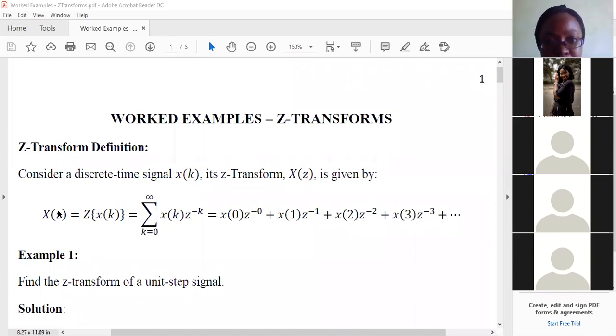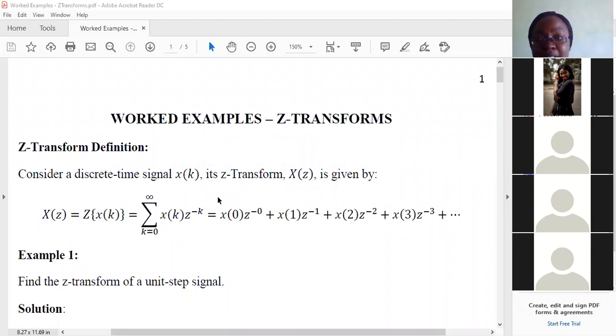For Z transform, you are converting from the discrete time domain into the Z domain. And when we started, I told you the reason why we are doing that. The reason is that when we are in the Z domain, it's much easier to manipulate the signal than when we are just in the time domain. So we want to be able to convert the signal into the Z domain so that we can do lots of complex analysis on the signal.